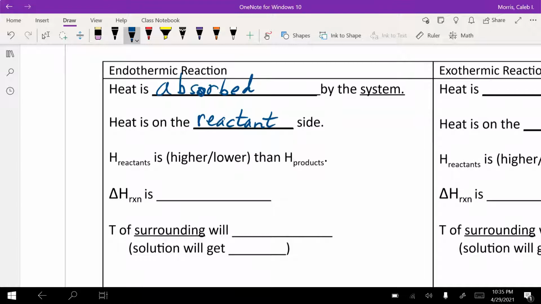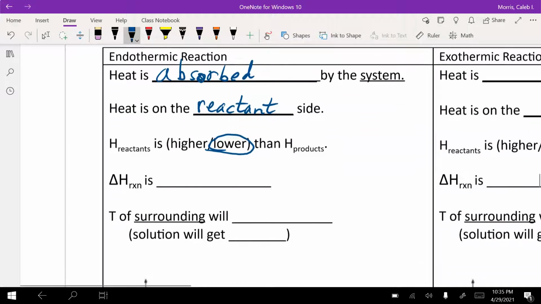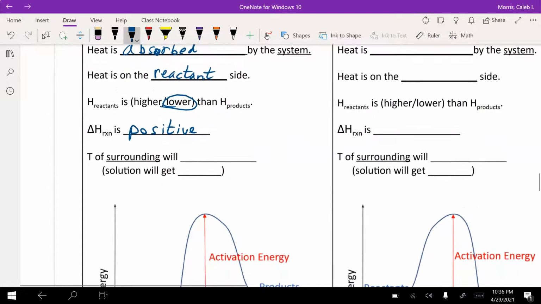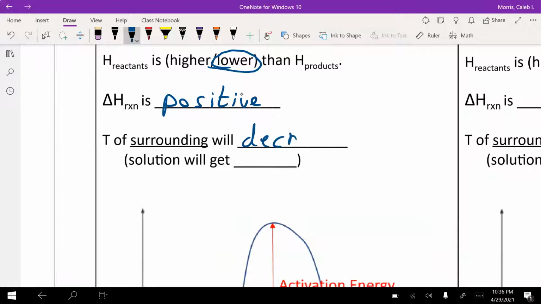If we're talking about enthalpy of reactants for an endothermic reaction, that is going to be lower than the enthalpy of the products because heat has to go into it to make it happen. So delta H of reaction, just like Q, delta H of the reaction is going to be positive. The temperature of the surroundings for an endothermic reaction will decrease, which means the solution will get colder.